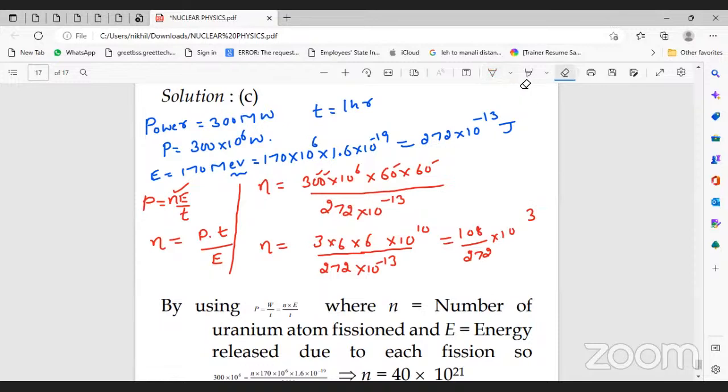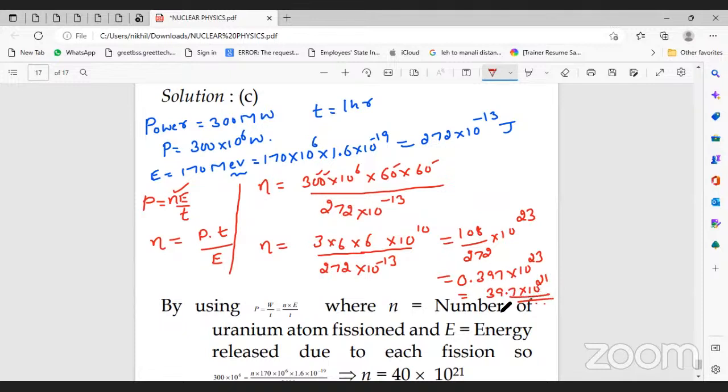So what is 108 divided by 272? It is 0.397 into 10 power 23, or approximately I can take it as 39.7 into 10 power 21.